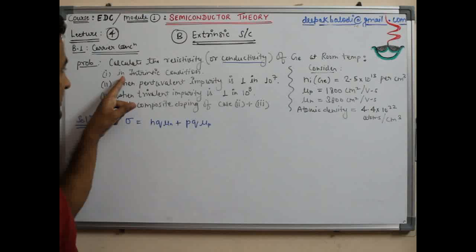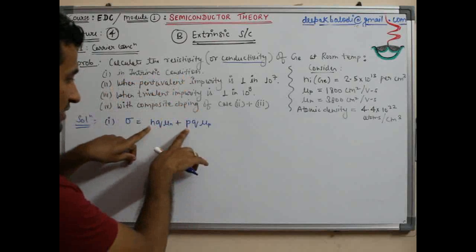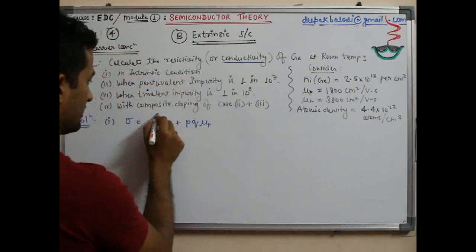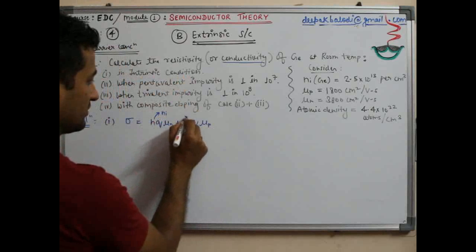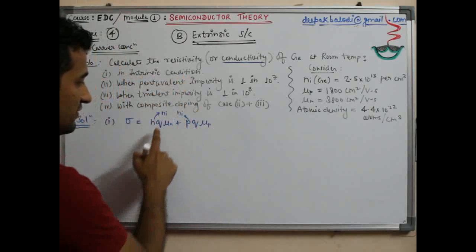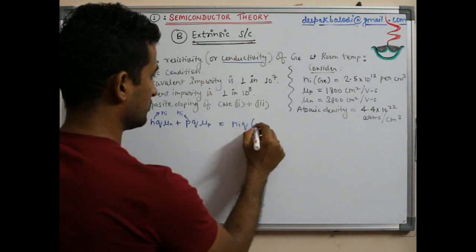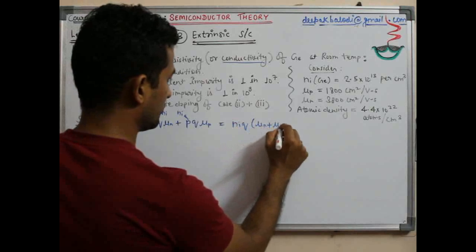And because the first case is the intrinsic case, we know that n and p are both separately equal to ni. So n is ni, p is also ni. So if I take ni and Q common, this we have already done: ni Q (μn plus μp).